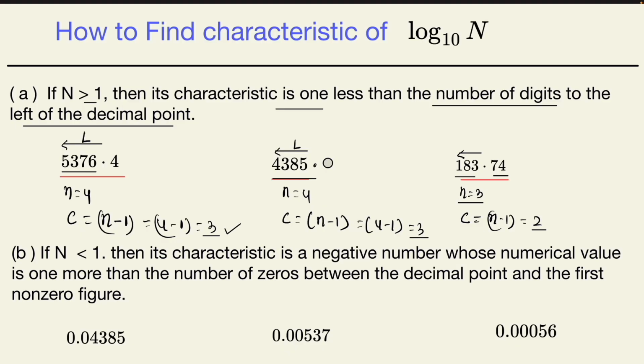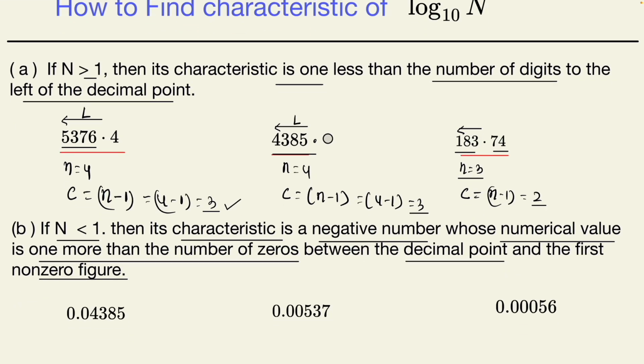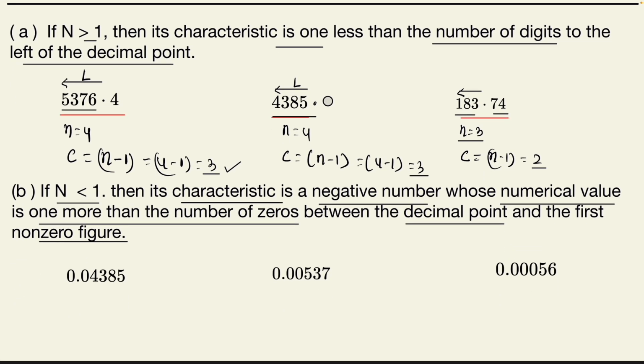But what will happen if n is less than 1? In this case, the characteristic is always a negative number. And what is its value? Its numeric value is 1 more than the number of zeros between the decimal point and the first non-zero figure. Let's understand with this example. Here is the decimal, and after one zero we have a non-zero number.